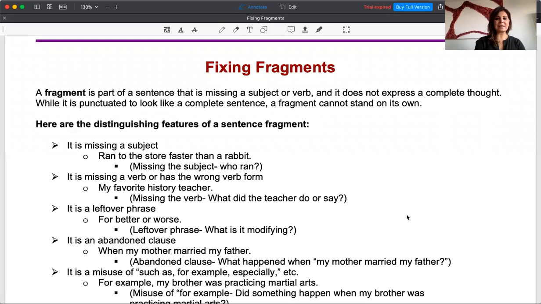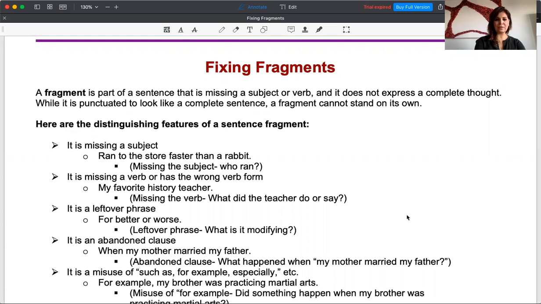Fragments are considered as pieces of sentences, pieces of ideas, but incomplete and incorrect in IELTS. Many fragments in their sentences in writing and speaking, they get band 4 in IELTS, which is a very low band. To improve your sentences in your speaking and in your writing, you need to avoid having fragments.